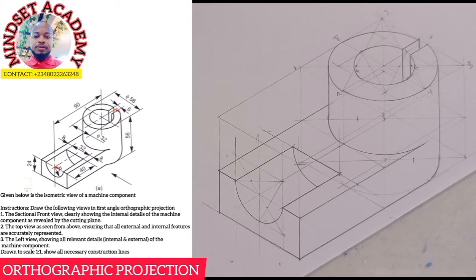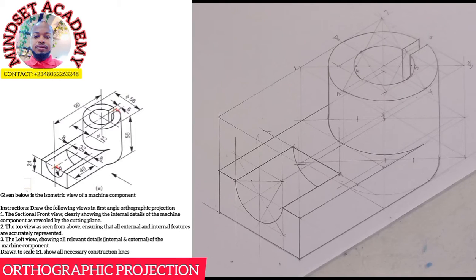Two, the top view as seen from above, ensuring that all external and internal features are accurately represented. Three, the left view showing all relevant details, internal and external, of the machine component. Draw to scale 1:1 and show all necessary construction lines.